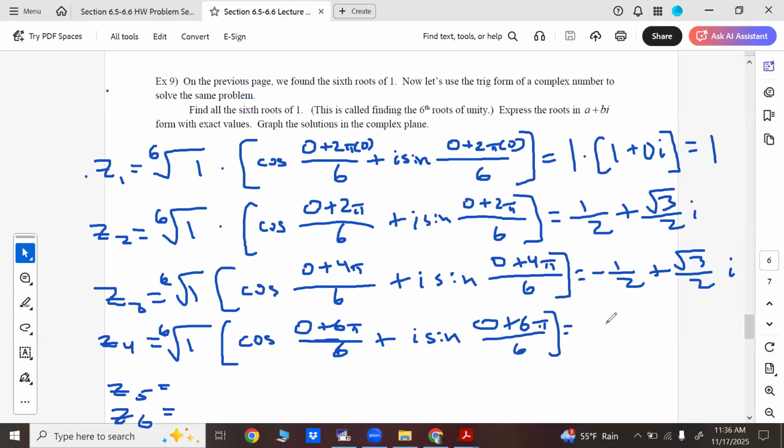That's going to be negative 1. And you kind of get the idea now of what's going to happen. We'll have negative 1/2 minus root 3 over 2 i. And negative 1/2, sorry, positive 1/2, because now you're in the 4th quadrant, right?